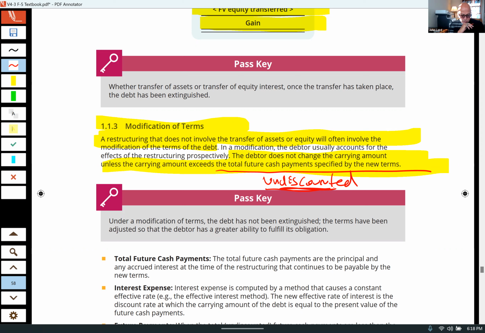Let's say I owed you $1 million, and I was supposed to pay the $1 million over 10 years. And I said, look, I'm going to have trouble paying you the $1 million that I owe you over the 10 years. We need to modify the terms. And we sit down and start modifying the terms. And by the end of the negotiation, I agree to pay you $1 a year for 1 million years. What do you think the present value of $1 a year for 1 million years is?